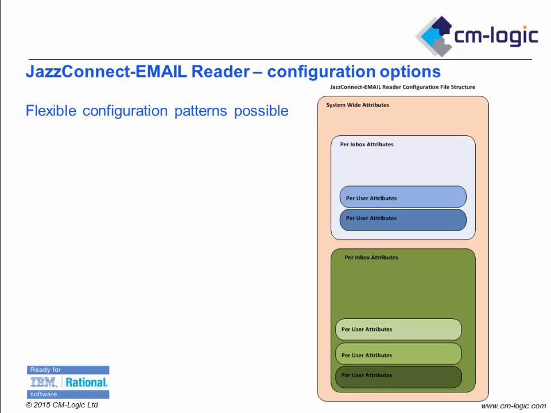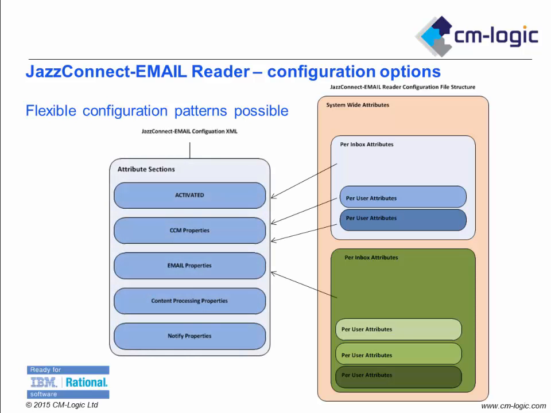The configuration of Email Reader is managed through an XML file that is split into sections. These sections enable very flexible configurations to be established. Parameters can be set at a system-wide level, at an inbox level, and at a per-user level. And when combined, they direct Email Reader on how to process emails.